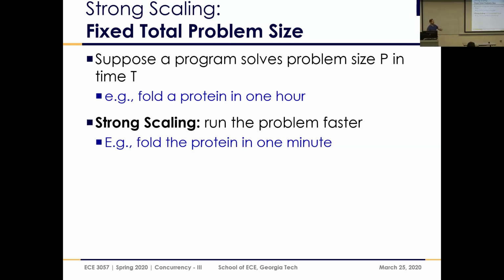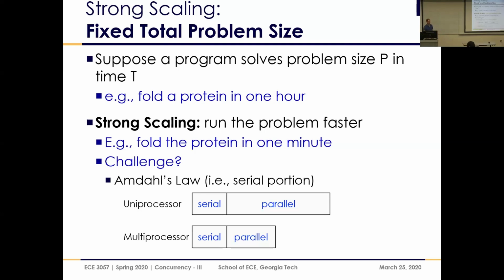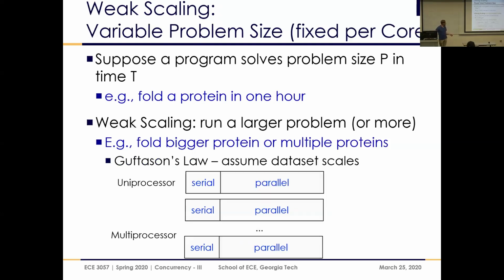So it has strong potential for scaling. Challenge: Amdahl's law, we still have this. So even if you are taking protein folding and segmenting it up and distributing it to a whole bunch of things, you still at the end have to bring that back together and put it into one coherent answer. So there's still that non-parallel part that cannot be optimized. And that's what we see here.